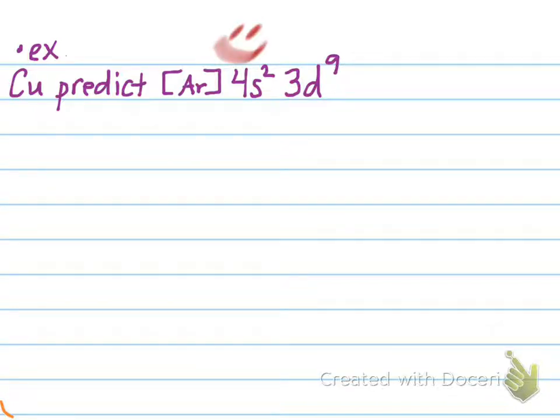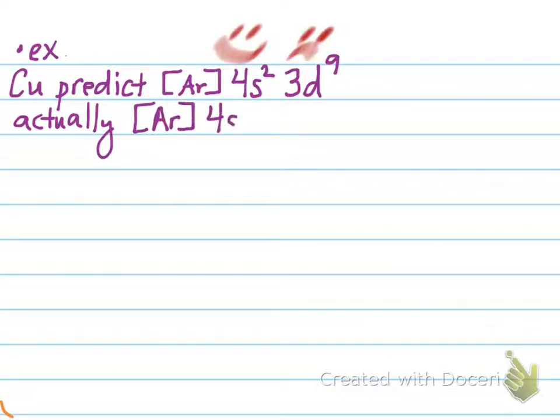And 9 electrons that are kind of unhappy because they're not completely full yet. So although that's what we predict, here's what copper actually is. It's argon 4s1 3d10.